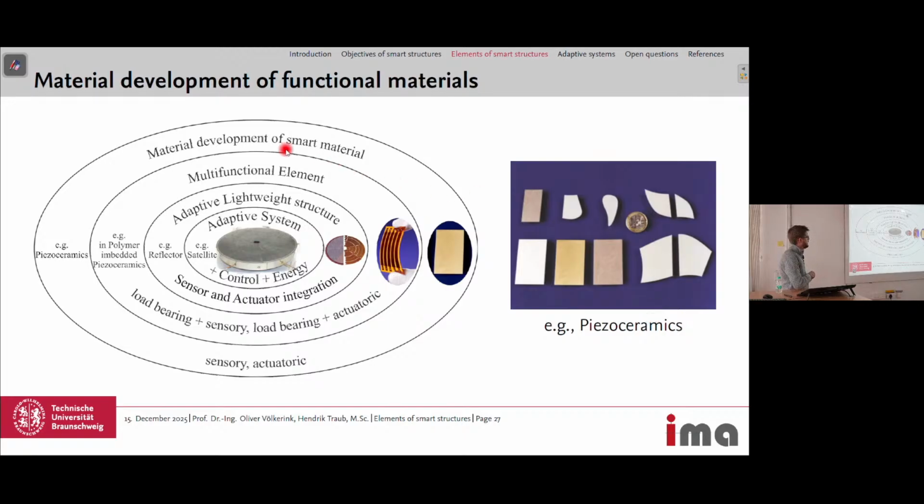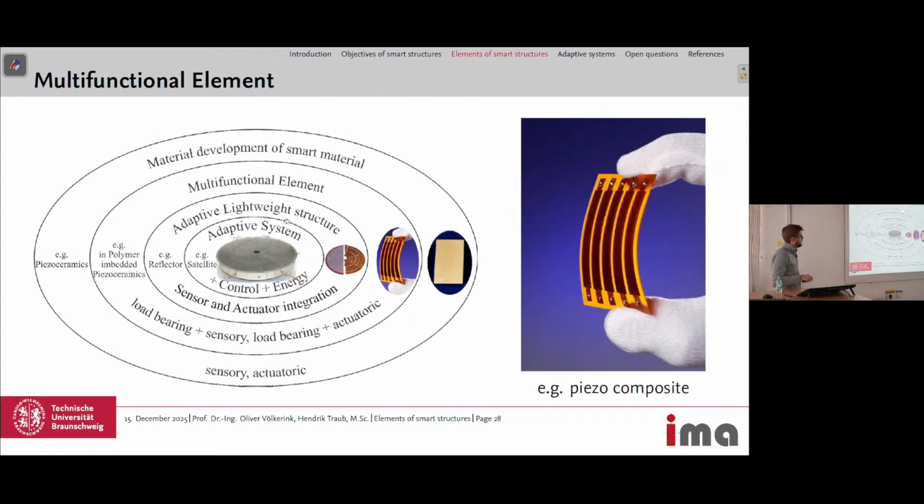From this you can build up multifunctional elements. So the piezo ceramics could be embedded in polymers, and then you create this kind of transducers, piezo composite transducers, which have load-bearing capability and also sensory or actuatoric properties.